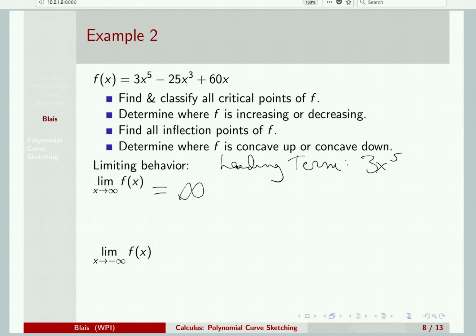As x goes to minus infinity, we have a positive 3, but then x is negative, so we have x to the fifth being large and negative, and so the function takes off to minus infinity. So as x goes to infinity to the right, the function will be taking off to infinity. As x goes to negative infinity to the left, the function will be taking off downward to minus infinity.